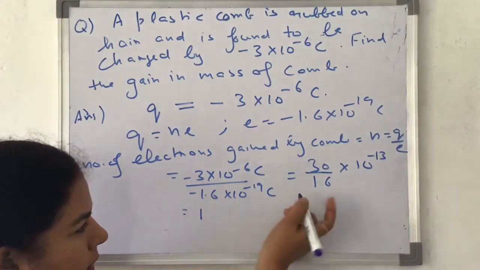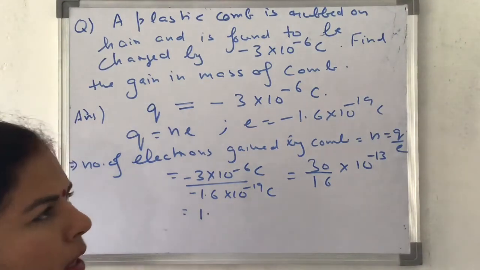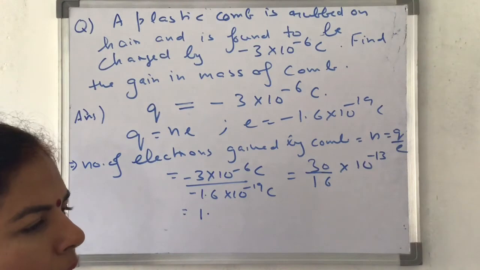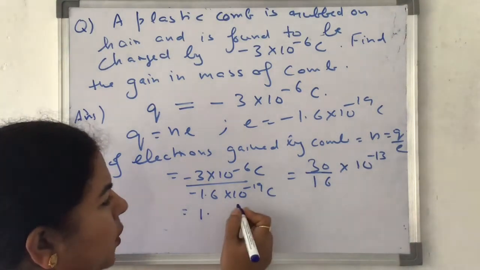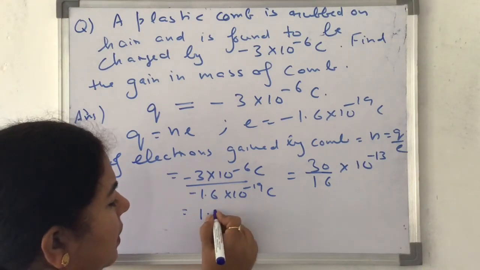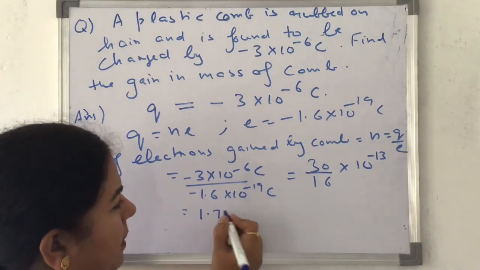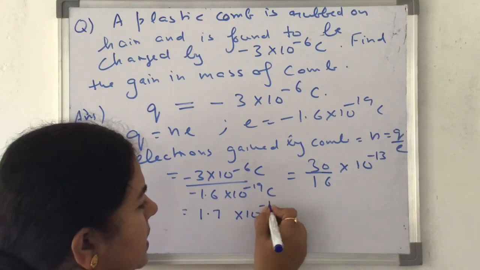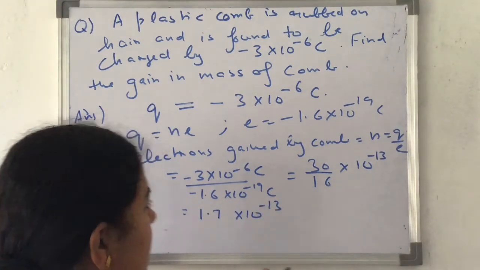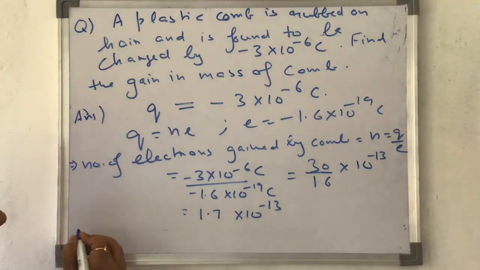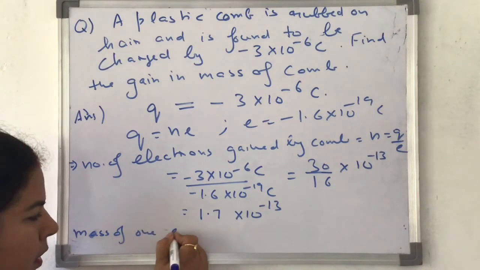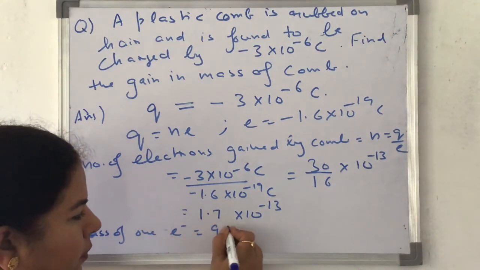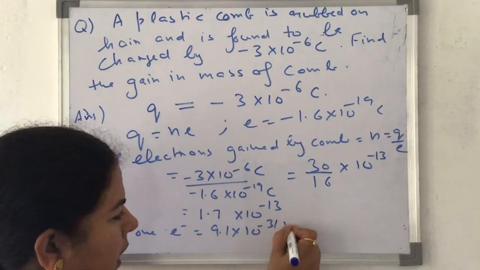So it comes out to approximately 1.9 into 10 raised to power 13. This is the number. Now I am talking about the mass gain. Mass of one electron is equal to 9.1 into 10 raised to minus 31 kg.